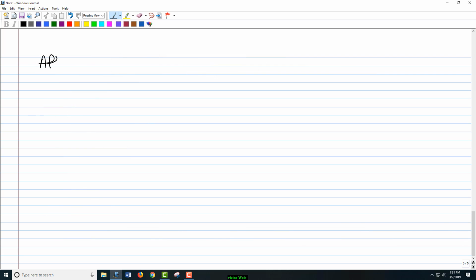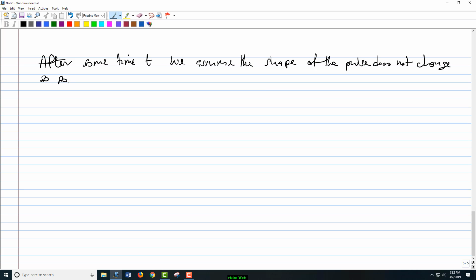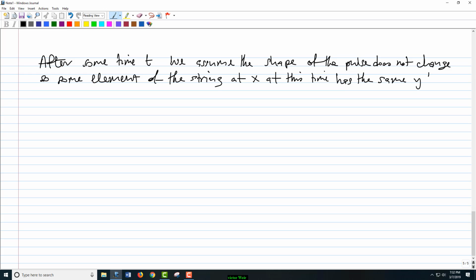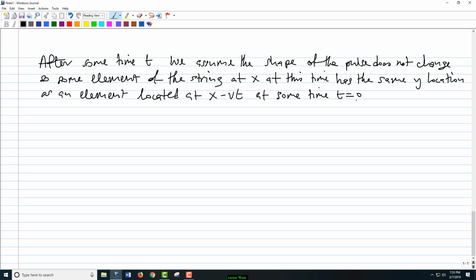After some time t, we assume that the shape of the pulse does not change, so some element of the string at x at this time has the same y location as an element located at x minus vt at time t equals 0.